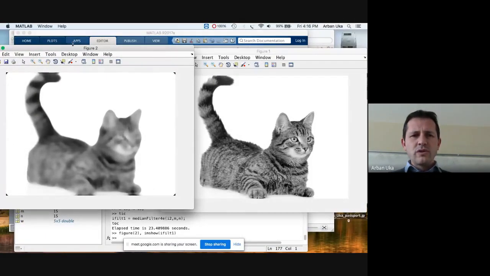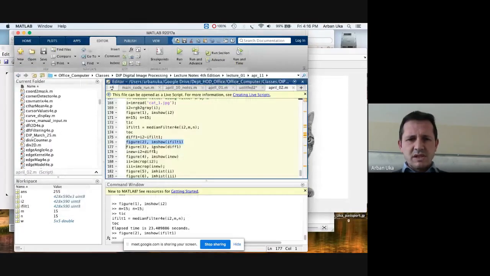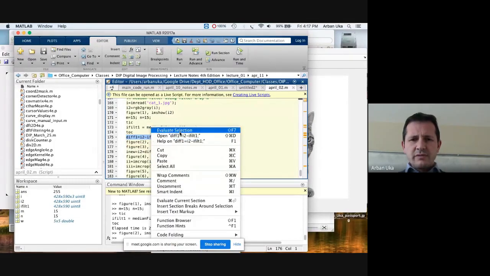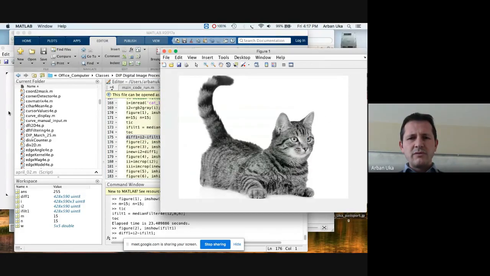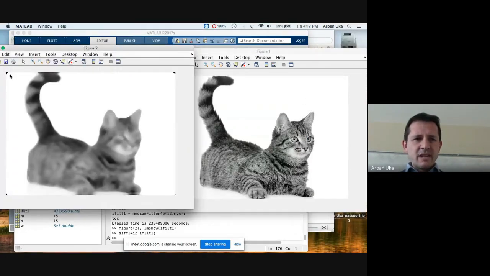Now, what would be the use of these kinds of images? Let's see what we can make use of them. And now the difference, diff, is the difference of figure 1 minus figure 2. Okay, so we're taking a simple mathematical difference of this and this. And if you watch carefully, can you see the edges of figure 2?